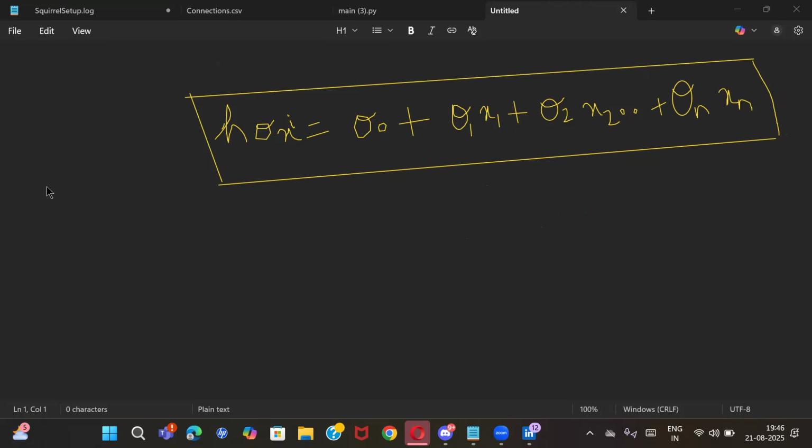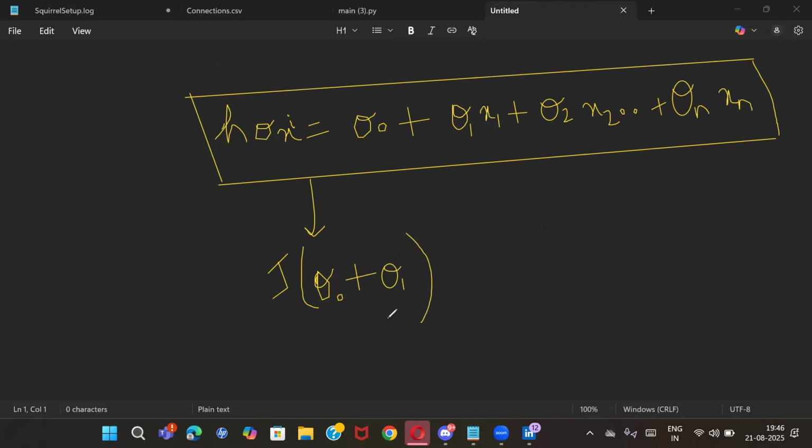Basically we denote it by j in brackets, theta naught plus theta 1.